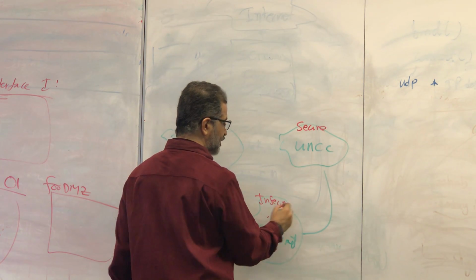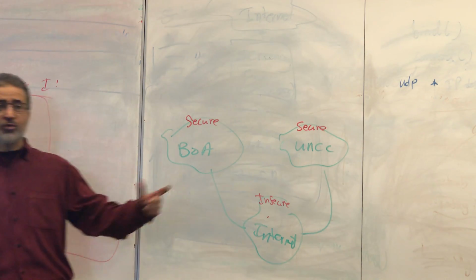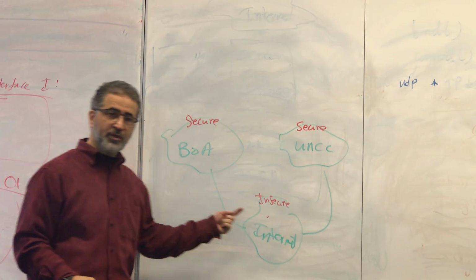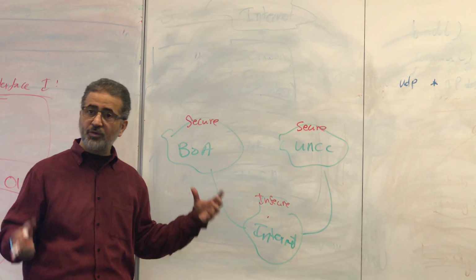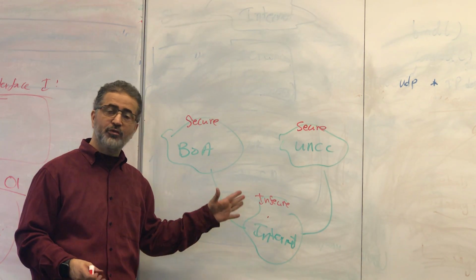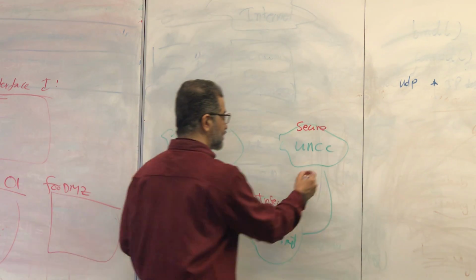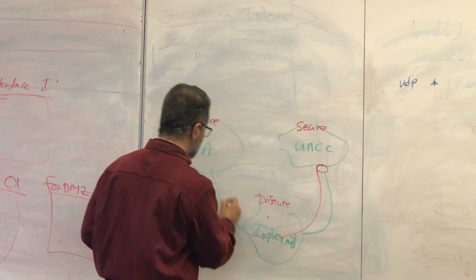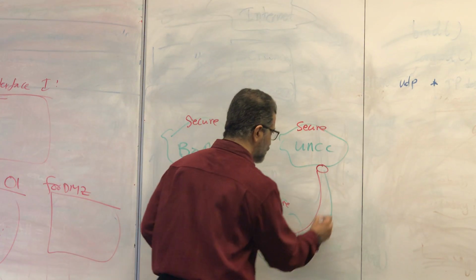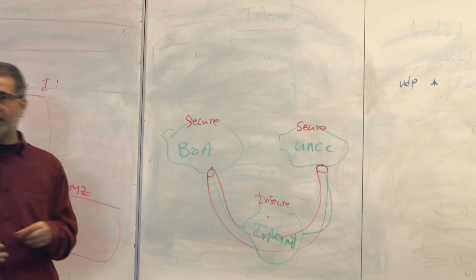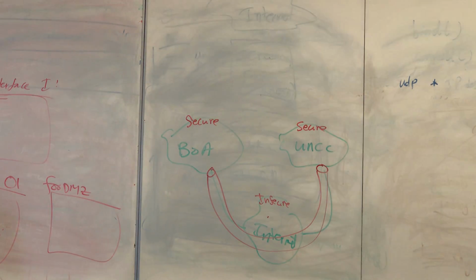So the standard says that if two secure domains want to communicate with each other securely over an insecure domain, we provide an IPsec solution by having a secure tunnel established between these two domains over the insecure domain. That's basically the principle here.